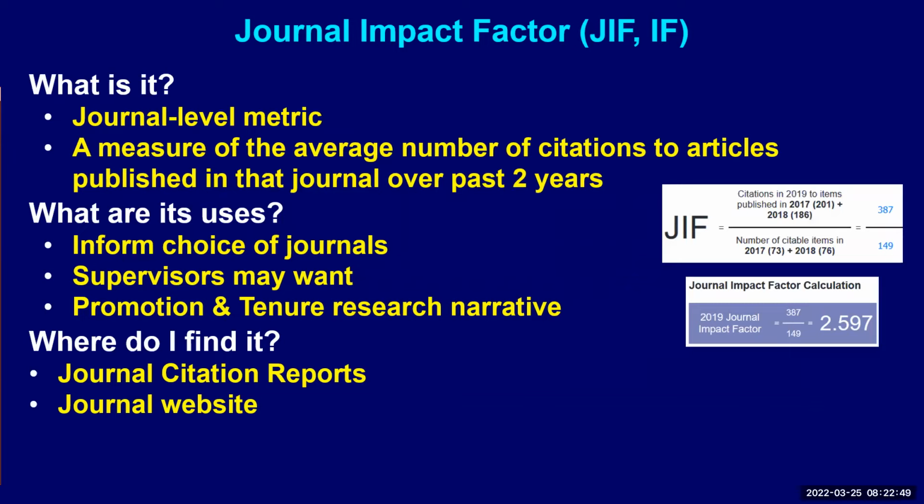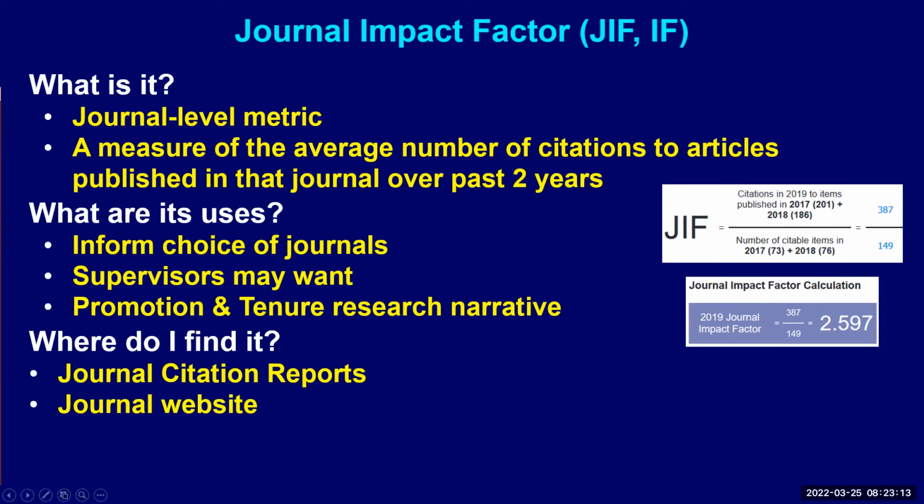And now we're going to move on to journal level metrics, specifically the journal impact factor. This is a measure of the average number of citations to articles published in a journal over the past 2 years. And it's used to rank journals.